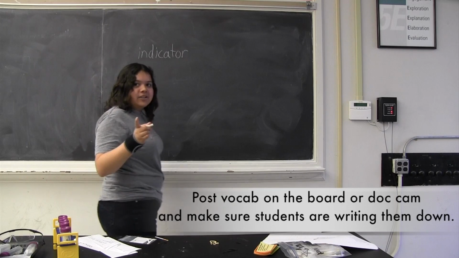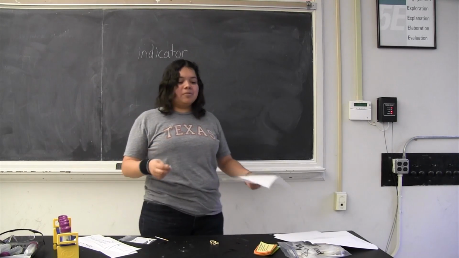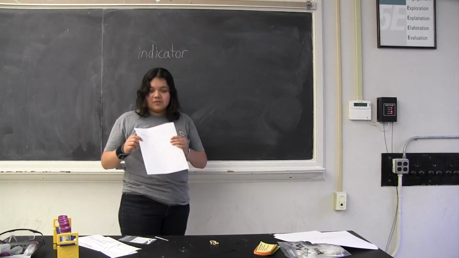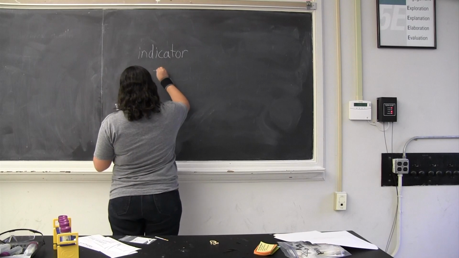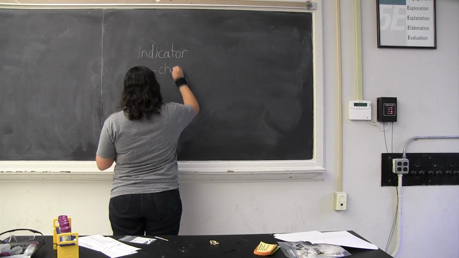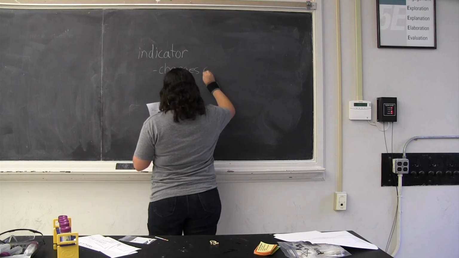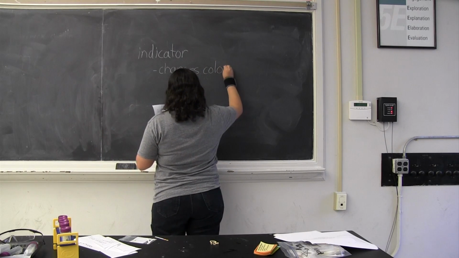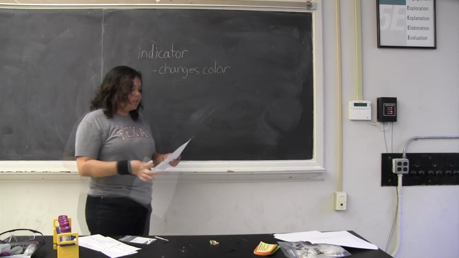Now, an indicator is a substance that changes color depending on the properties of a solution. So let's fill in this definition right here. A substance that changes color depending on the properties of a solution.